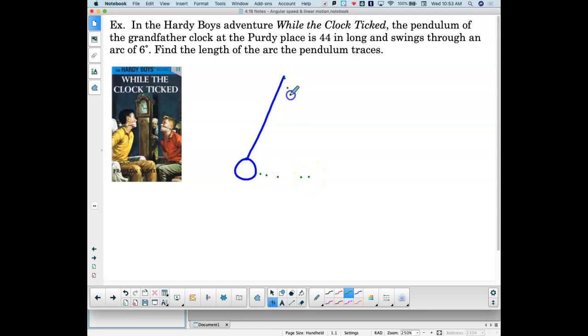If that swings over to there, then this is a 6-degree swing. We want to find the arc length, how far that pendulum swings.